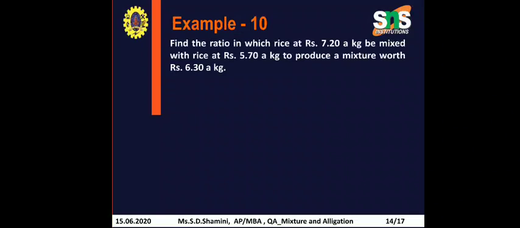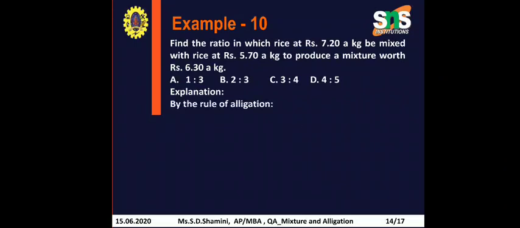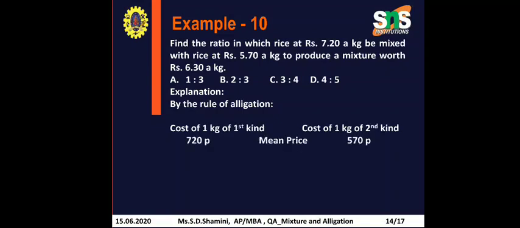Find the ratio in which rice at rupees 7.2 per kg be mixed with rice at 5.7 a kg to produce a mixture worth rupees 6.3 a kg. Options are 1:3, 2:3, 3:4, 4:5. So by the rule of alligation, let the cost of 1 kg of first kind be at left, cost of 1 kg of second kind be at right.